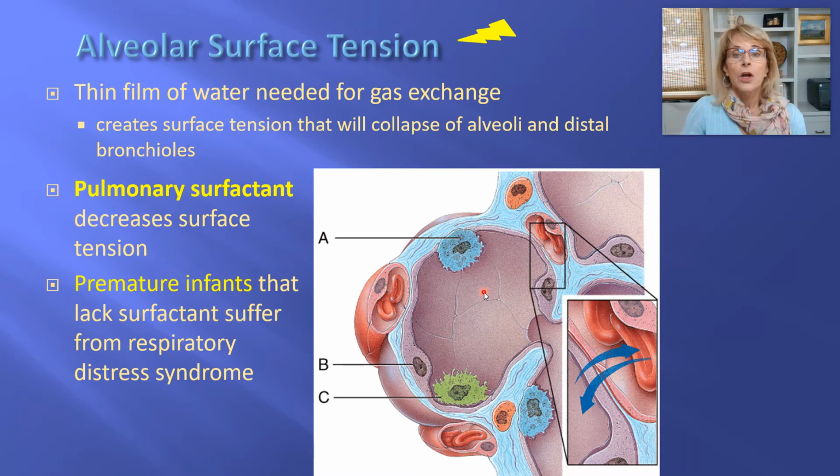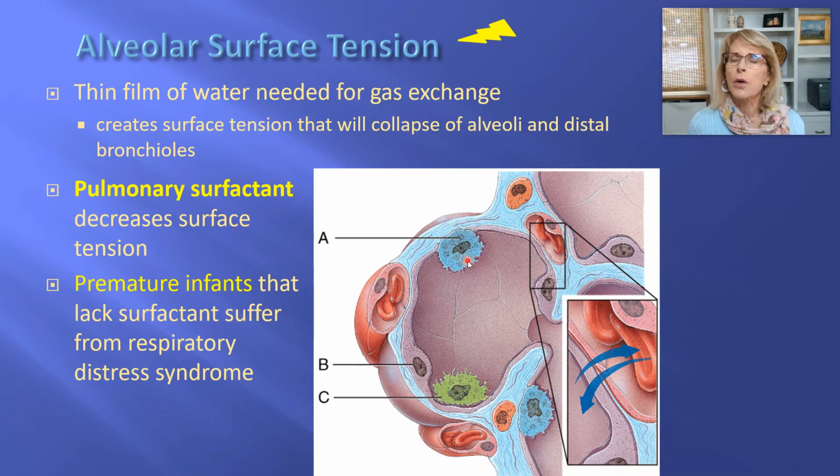By the way, this is the most important problem that premature infants have that limits their ability to survive. Premature infants, babies that need to be born before they're done developing inside of their mother, one of the reasons that their lungs are not quite mature is that these cells have not started making surfactant yet. Luckily, medicine has learned how to trick babies' bodies into making surfactant earlier.